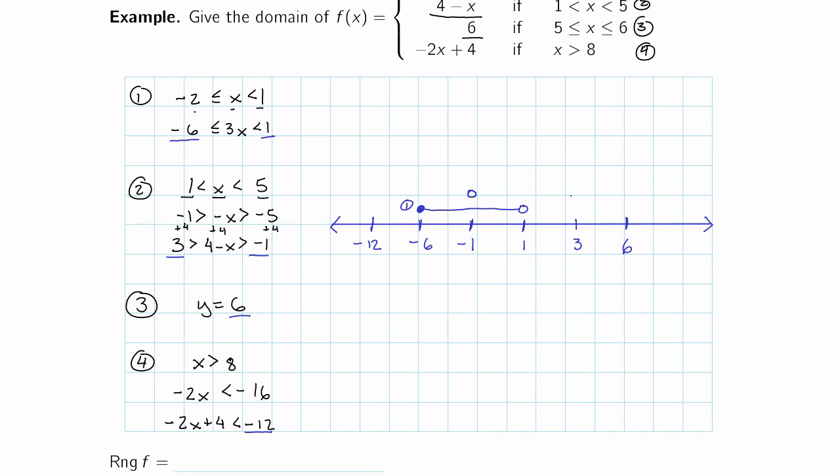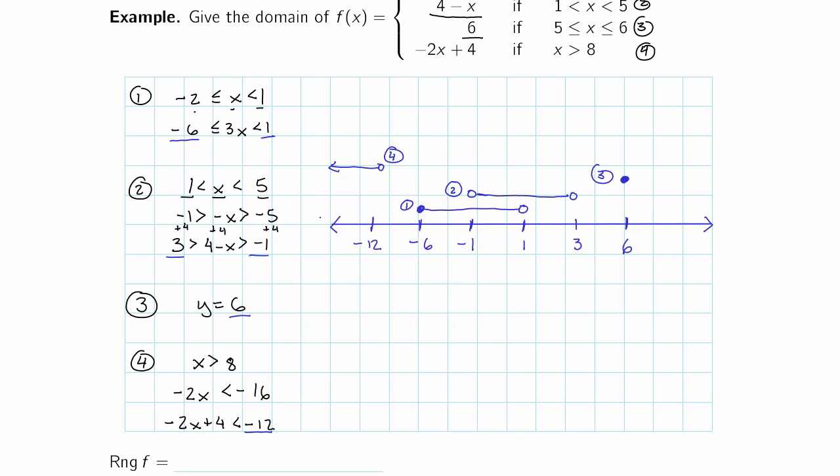So I'll have an empty dot at -1, an empty dot at 3, and everything in between. Third piece of my range is very, very easy. I have just the single point 6. And then the last piece, I have all of the points to the left of -12. Those are all of the pieces of my range.